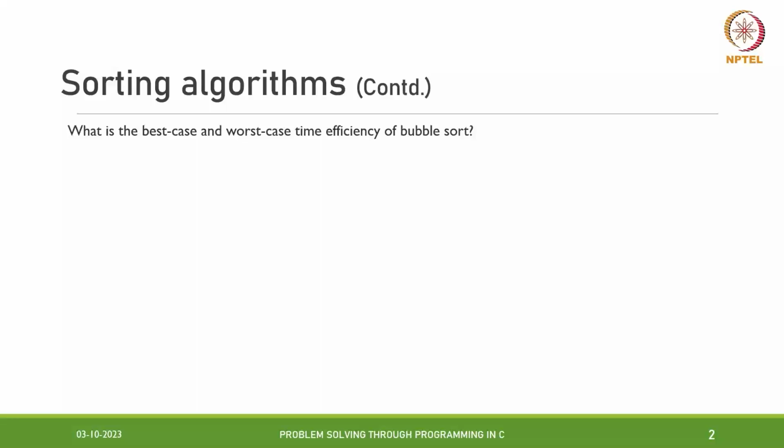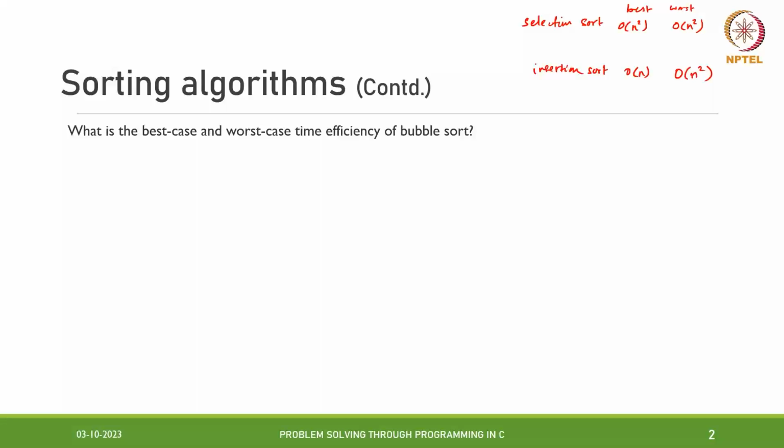Just to remind you, we had discussed selection sort and insertion sort in the previous lectures, and the best case time efficiency for selection sort was O of n square, and the worst case was also O of n square, and the best case for insertion sort was O of n, while for the worst case was O of n square. Okay, so you just have to remember all this, but you also need to know how to derive this.